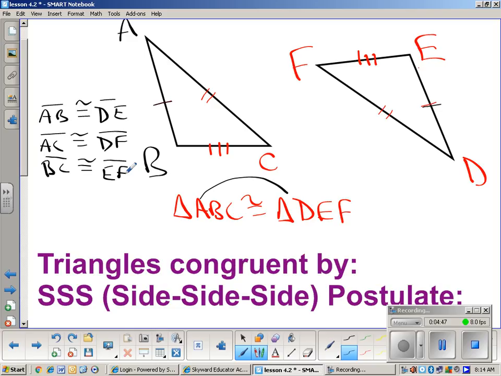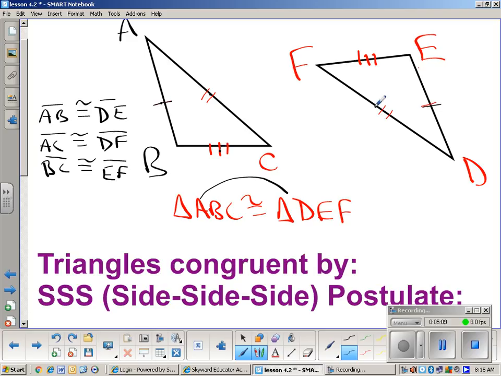But if I gave her 3 sticks and it did make a triangle, and I gave Sean the same 3 sticks, the same length 3 sticks, and he makes a triangle, I could take his triangle and her triangle, and I could flip them around and turn them over and rotate them, and I could make them match right on top of each other. Guaranteed it has to happen. And that's what this theorem is saying. No matter who's making the triangles, if you take these 3 facts, the lengths of these 3 sides, you can put them together any order you want, and that triangle can be rotated, flipped over, reversed, do whatever you want to it. You can make it match up on this one exactly.